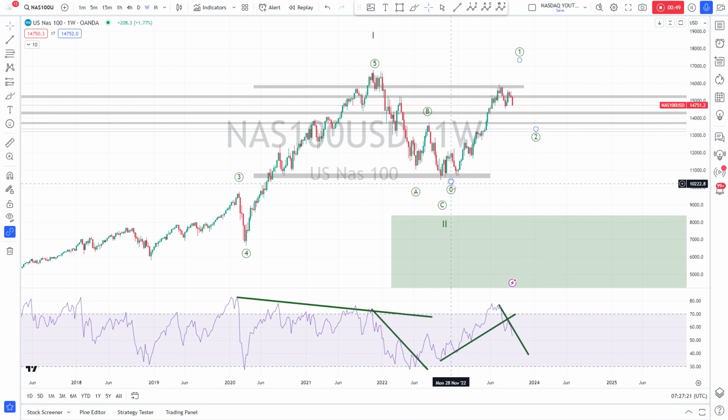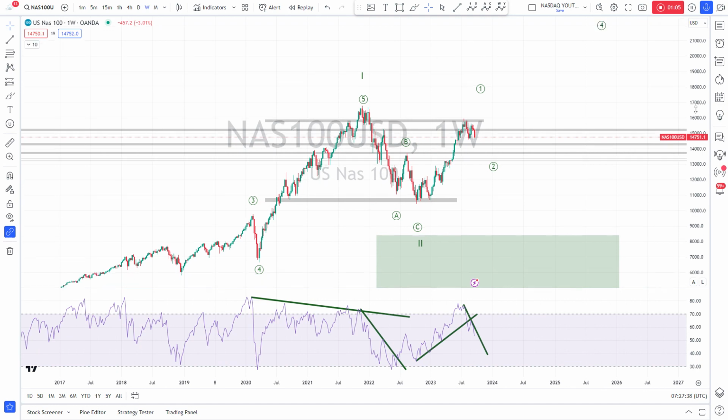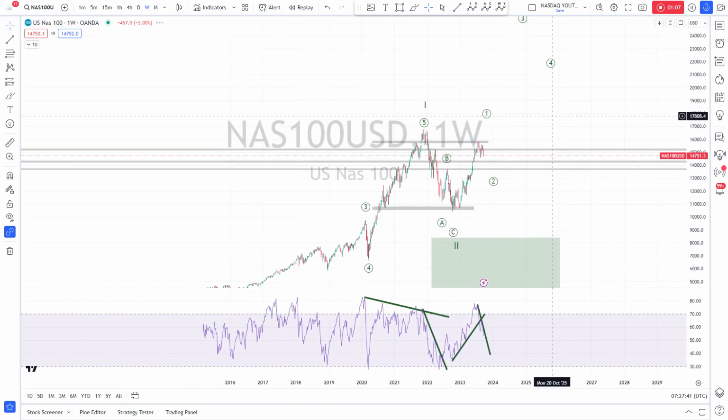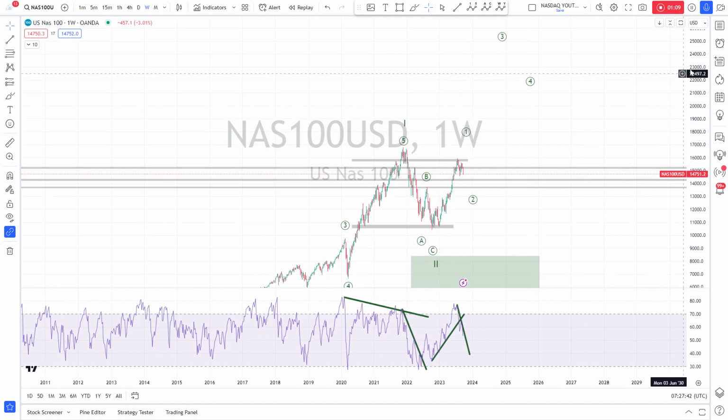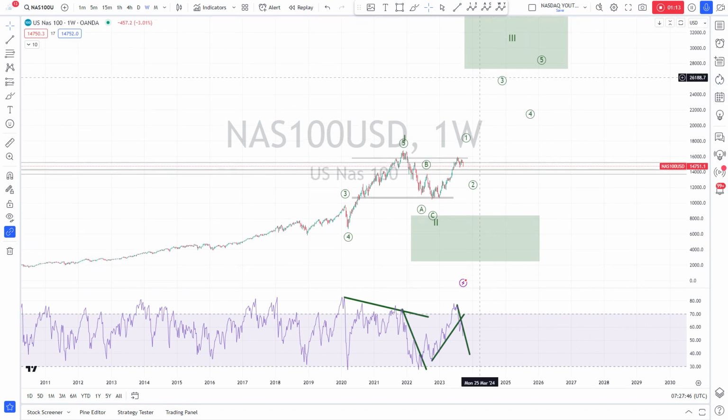After all, we came close, and so from here, we started a new impulse up. This impulse here should then be a first wave of the higher degree wave 3.